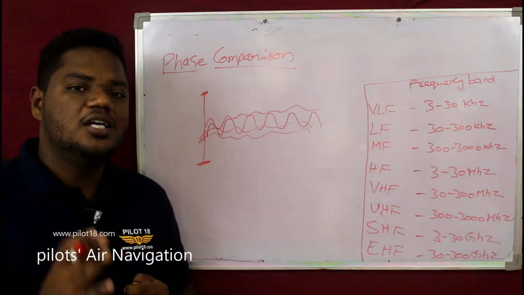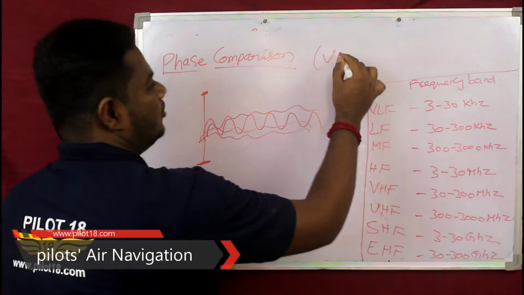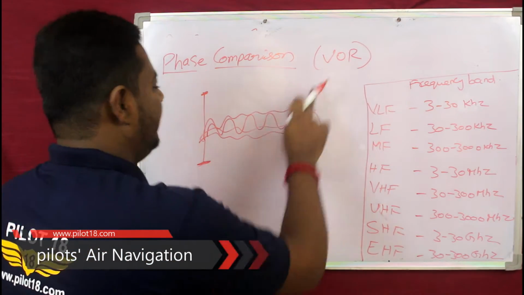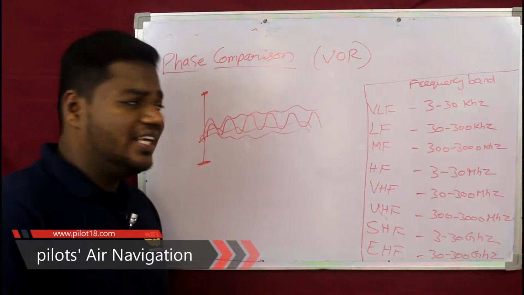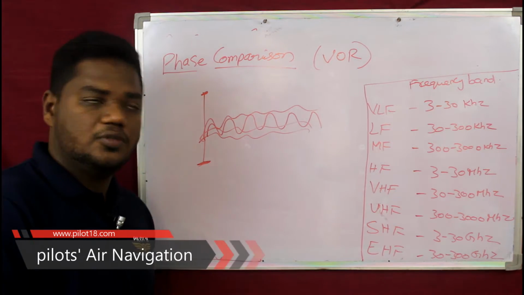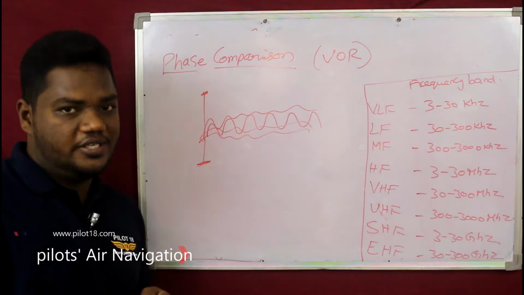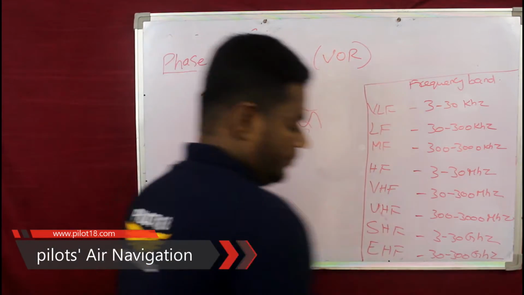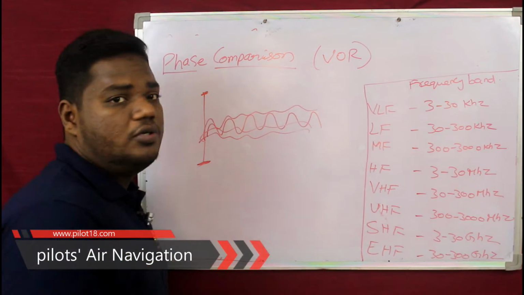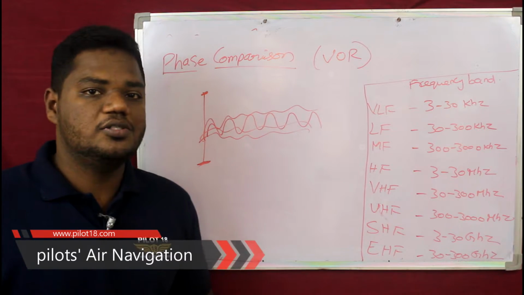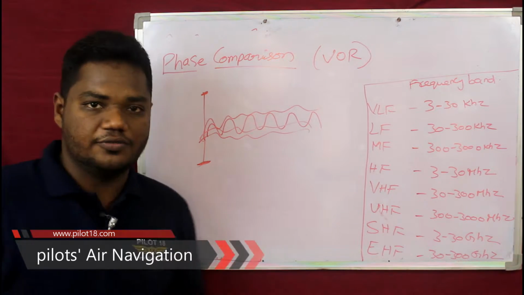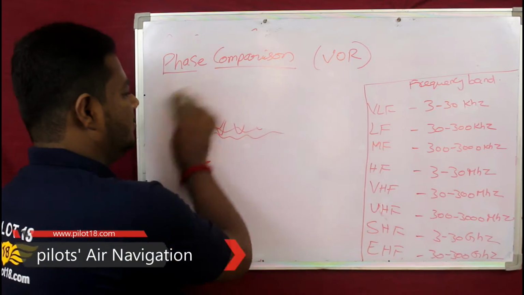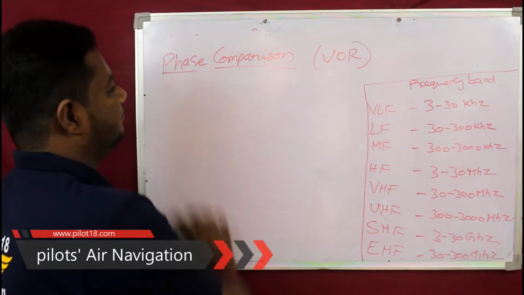There is a very important instrument known as VOR, which mainly works with the help of phase comparison. So we need to understand what phase comparison is. The VOR instrument is a very old and classic instrument which is still in use, and it's extremely useful for so many things that we'll see in the chapter.